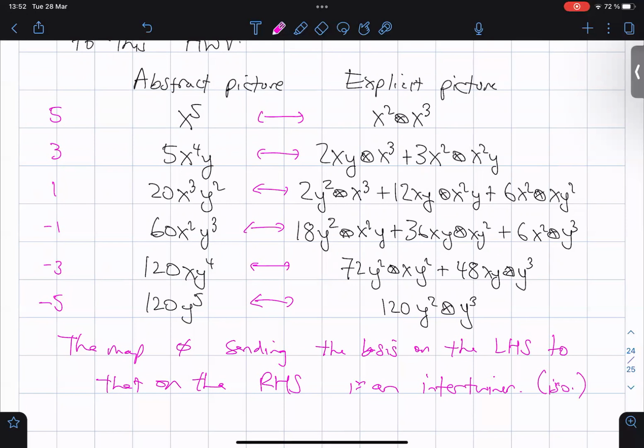So it's mapping a basis to a basis, so it is an isomorphism. What we just described is an isomorphism of these representations.